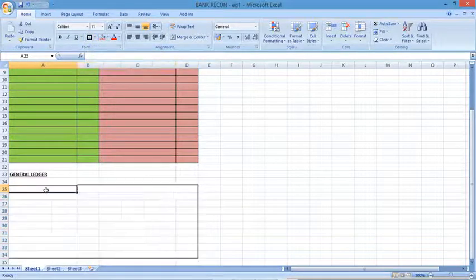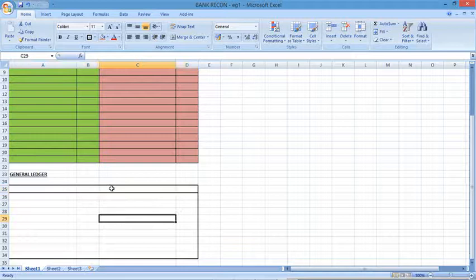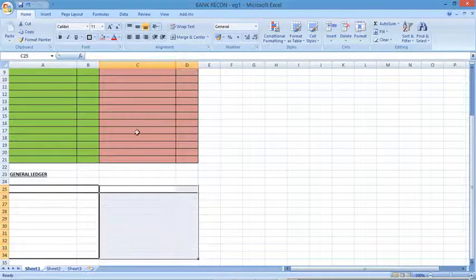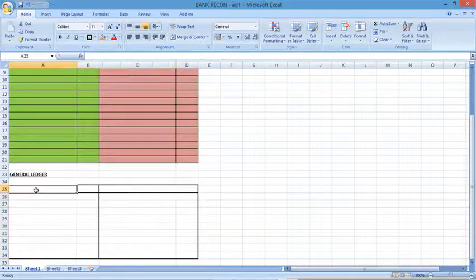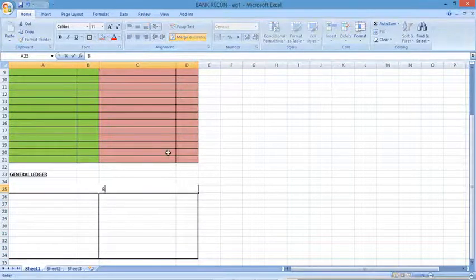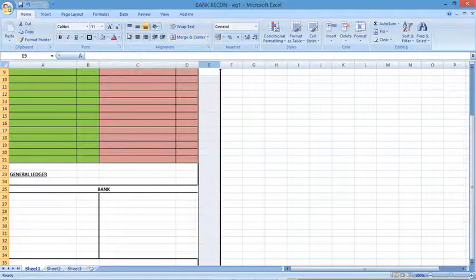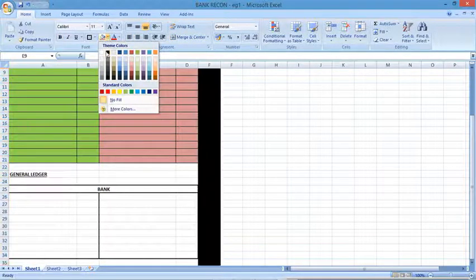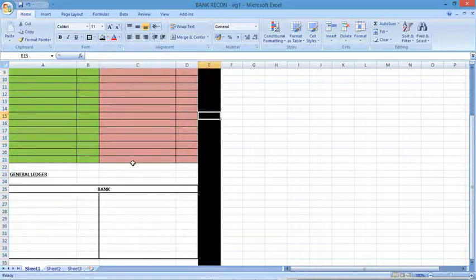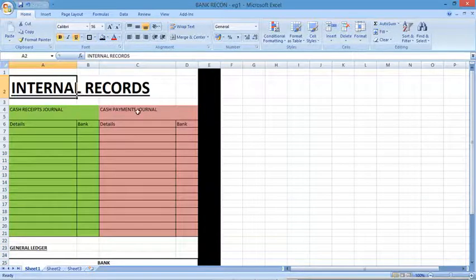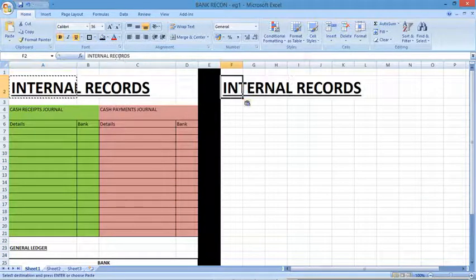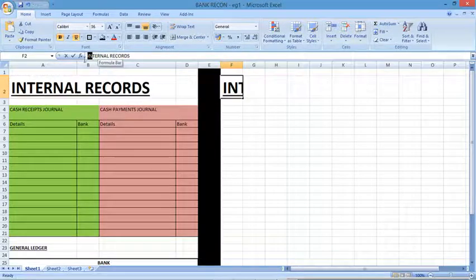Okay, so let's draw up a little account for that. Debit and credit side. Bank. Right, and whose books are those? The business's books. Remember, internal records are separate from external records.